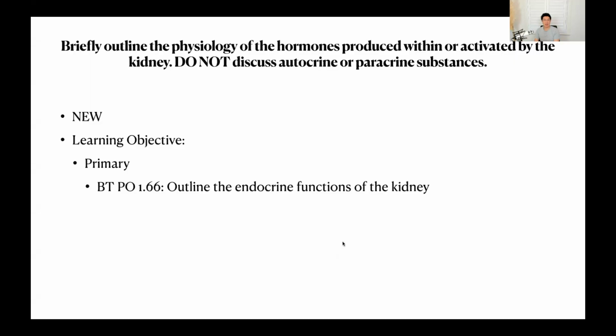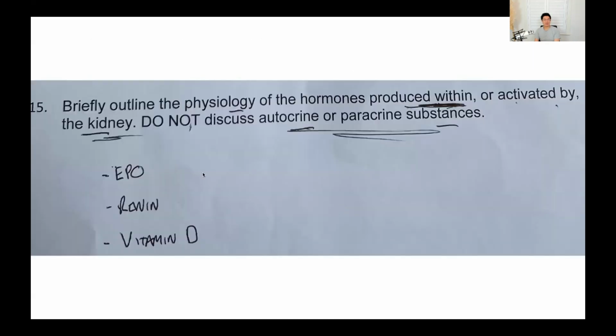This is a new question, as I said before, based on BTPO 1.66, which is outline the endocrine functions of the kidney. What have we got here? We've got three key ideas, which is EPO, renin, and vitamin D. These would be the three main hormones, specifically renin.